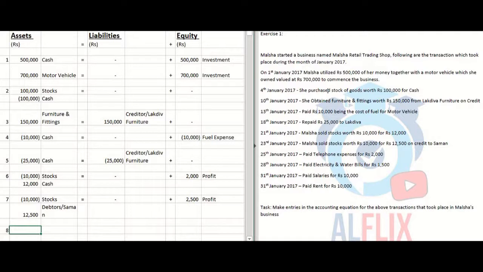So this would decrease assets by rupees 2,000 since this has been paid in terms of cash, which will equal to nil value of liabilities as there is no obligations, plus again a reduction in equity, as expenses incurred by the business would decrease the value of equity in terms of telephone expenses.